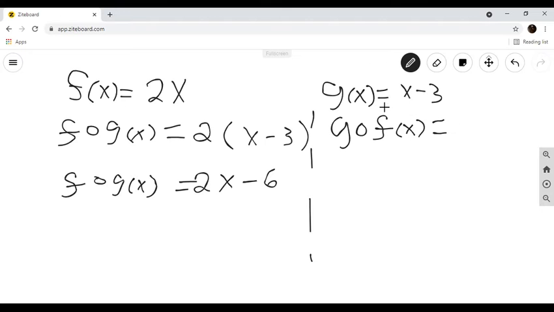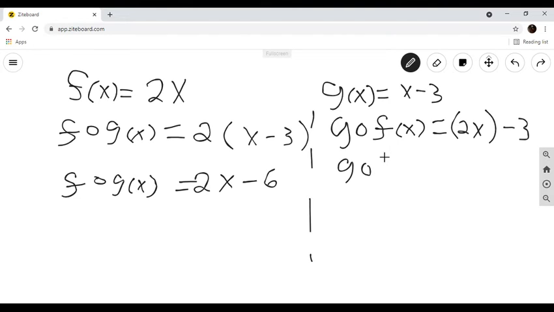So again, we're going to open up parentheses for x, plug in 2x, and then we have the minus 3. Okay, well, simplifying this one, we don't need those parentheses because nothing's acting on it, nothing's multiplying out here, nothing's raising it to a power, so we can get rid of these parentheses.